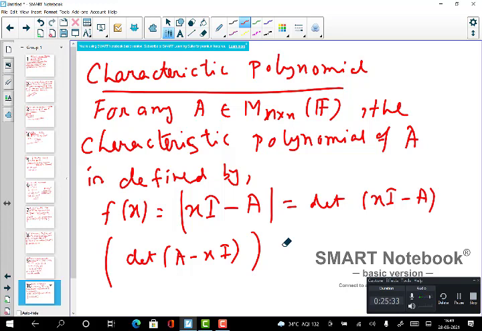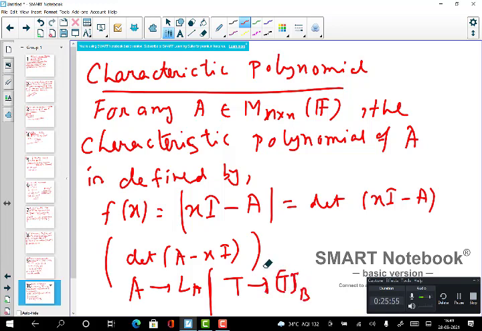Now the question is that corresponding to every matrix we have a linear operator, right? And vice versa, from A you can go to L_A. Similarly, for any linear operator T, you can go to T_B, that is with respect to some basis.